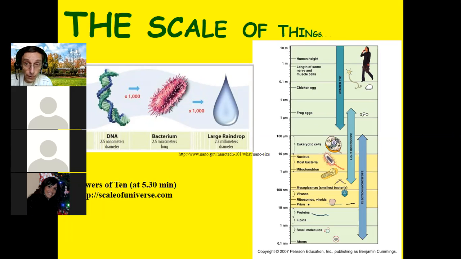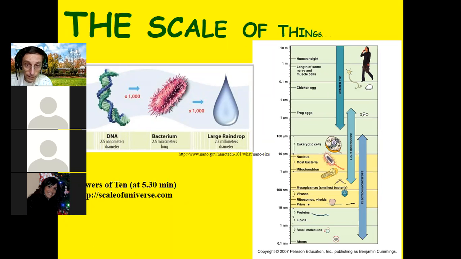Anyways, a human, you should know, is bigger than an egg, and we're talking about a chicken's egg, which is bigger than a frog's egg, which is bigger than a eukaryotic cell, and the biggest eukaryotic cell in the human body is the human egg, meaning the oocyte.